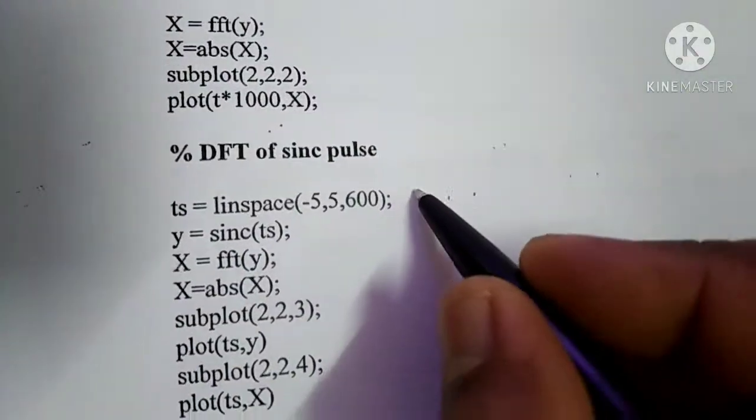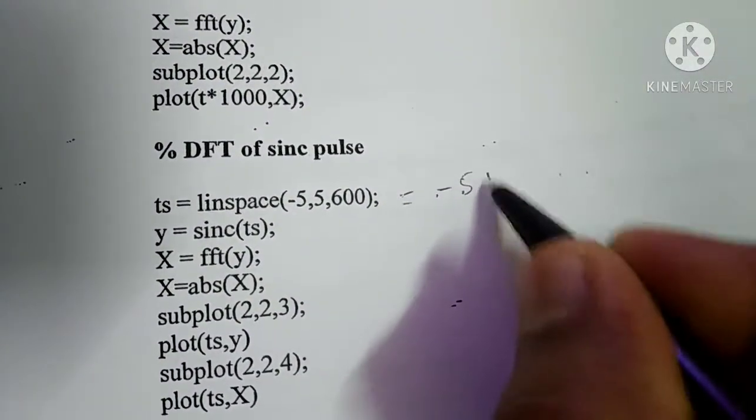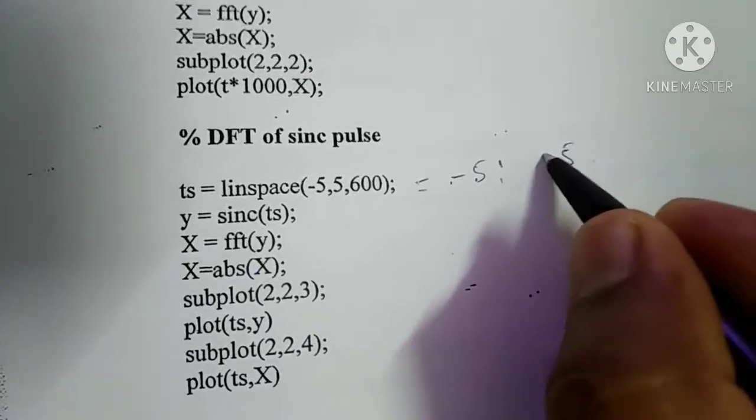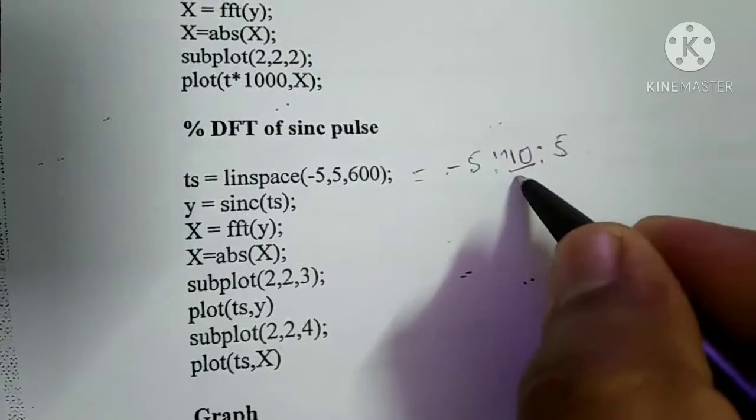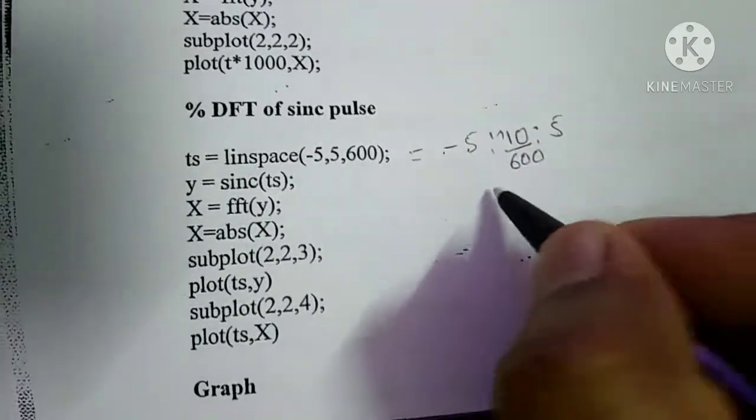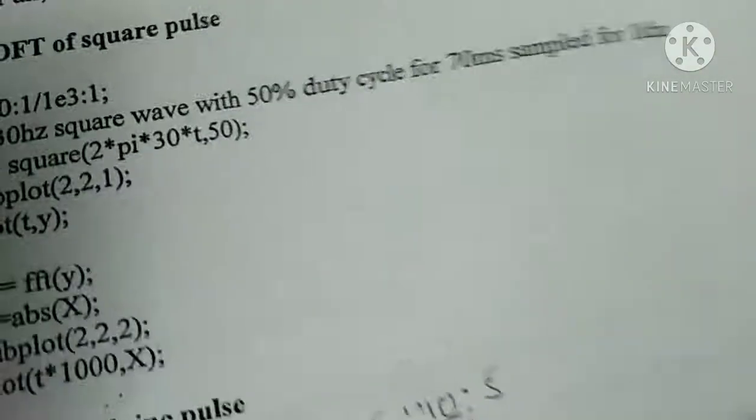It is similar to -5 colon +5 with a step of 10 by 600.